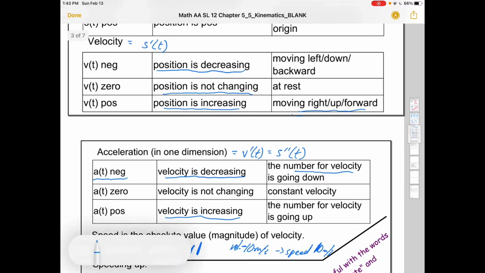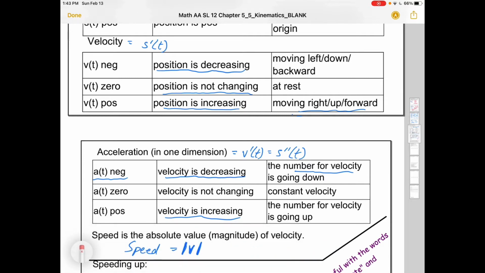Think about the speedometer on your car. It's not a velocitometer or something. It only tells you the bigness of how fast you're going. So when you pop it in reverse, it doesn't suddenly say, oh, now you're going -5 kilometers per hour. It only tells you about the size of the speed that you're going, nothing about direction. Okay, so speed is the absolute value, or the bigness or magnitude, of velocity.